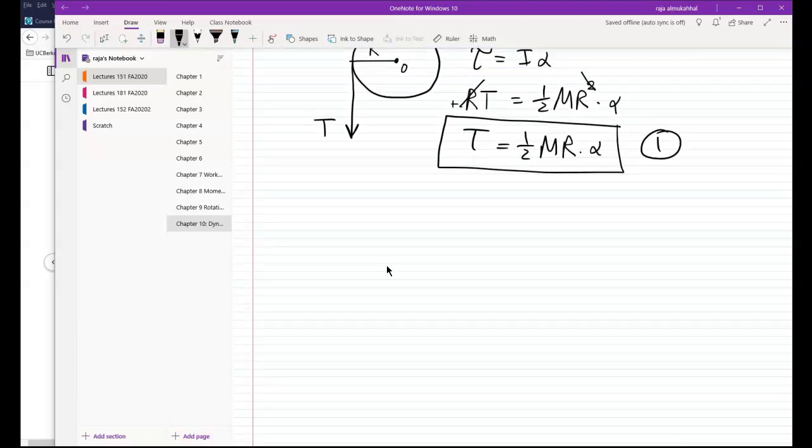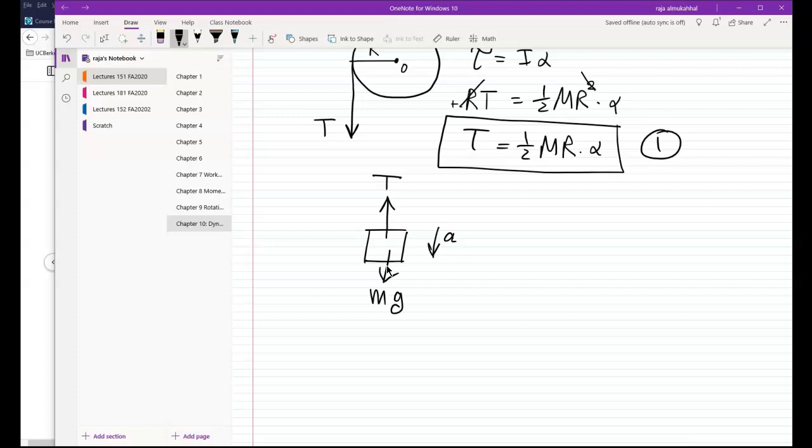Here's the bucket. So what's going on with the bucket? Well, here is the tension. Remember, tension is coming out of the body all the time. And here is the weight of the bucket, mg. It's moving in this direction. Right? So what do we got here? That's the direction of the acceleration. So the equation of motion here, remember, there is no rotation here, right?